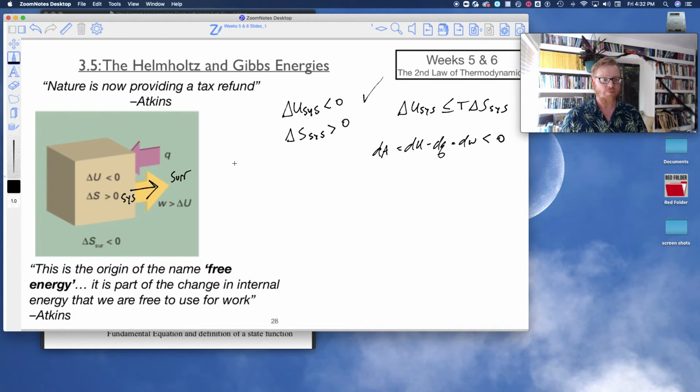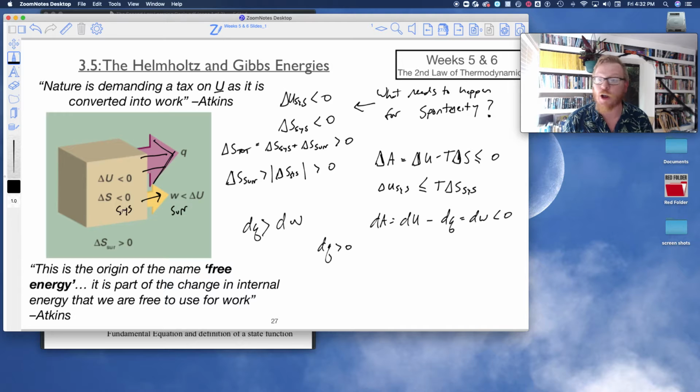Okay? But this seems a bit paradoxical, because if the system is doing work on the surroundings, there should be a decrease in entropy of the system, just like in this scenario, right?